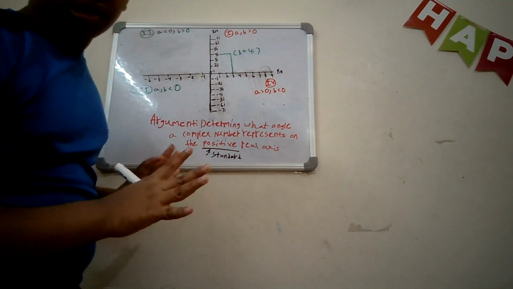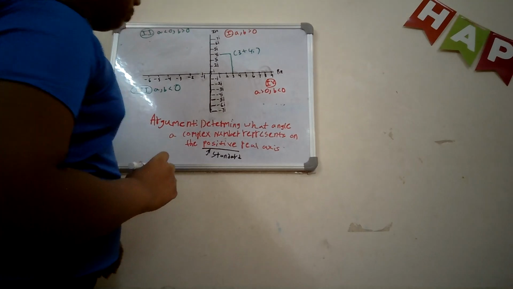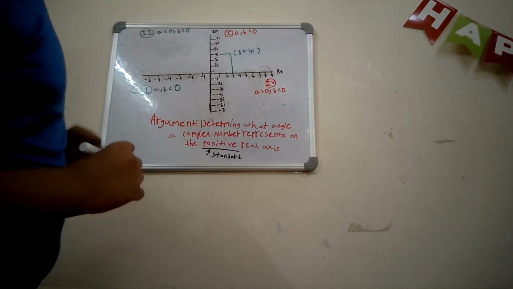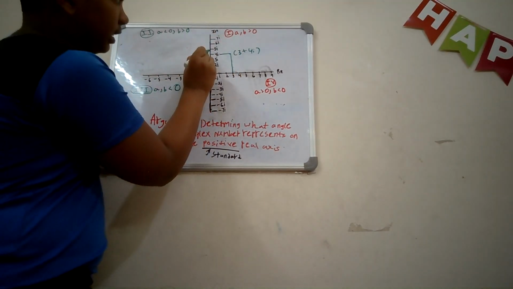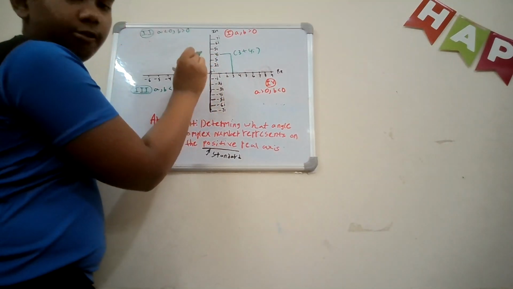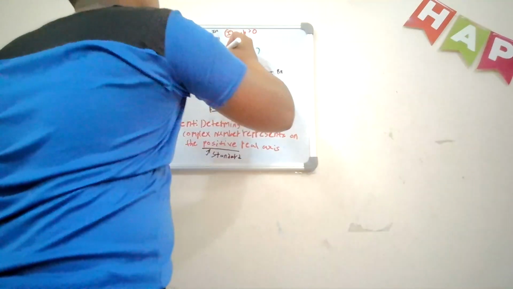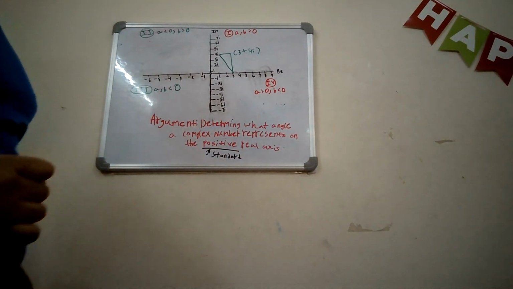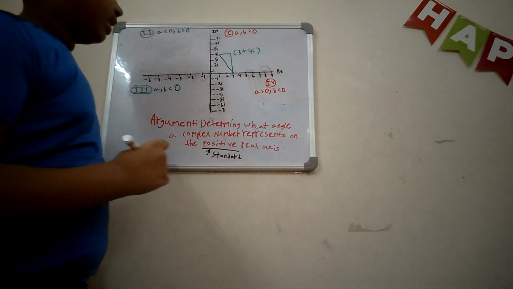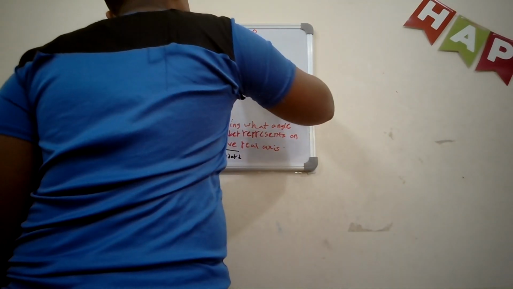Okay? Clear to here? Now, what we want to do is, we're going to draw a line like this, horizontally, from 4i to 3, like this. Okay? Now, it's not the accurate way. Let me just make it a little more accurate.